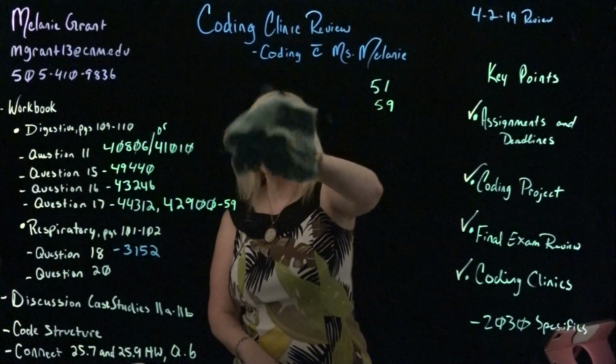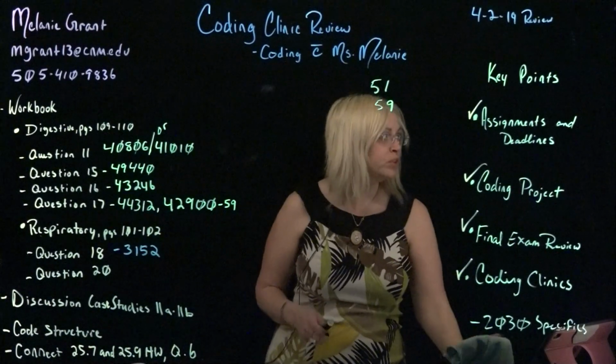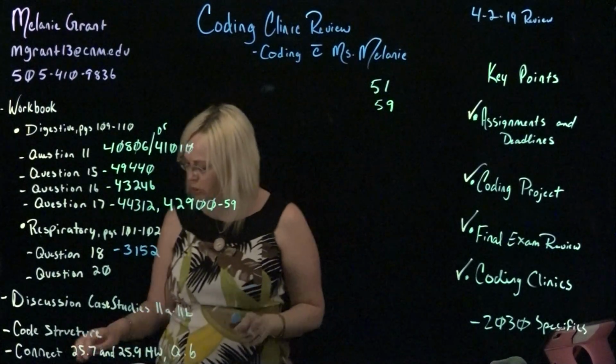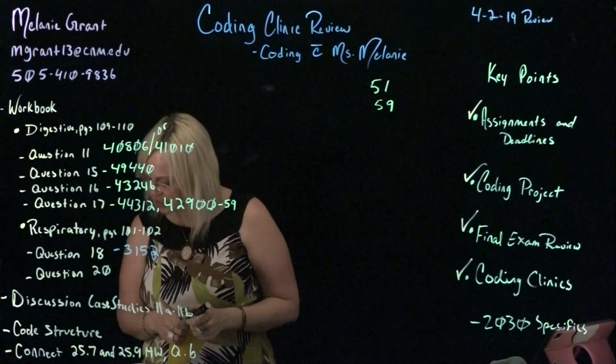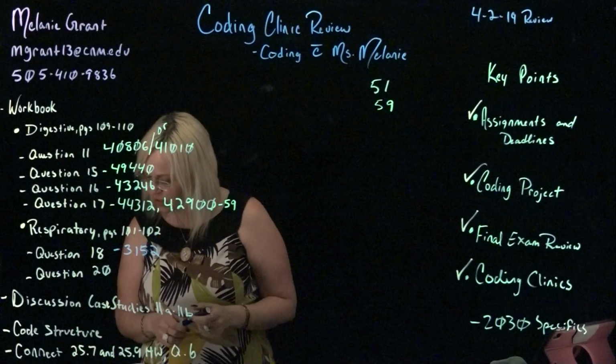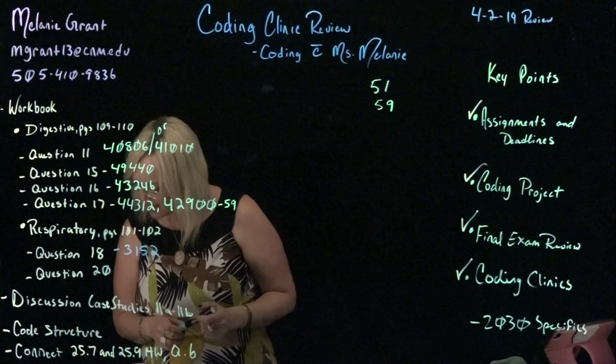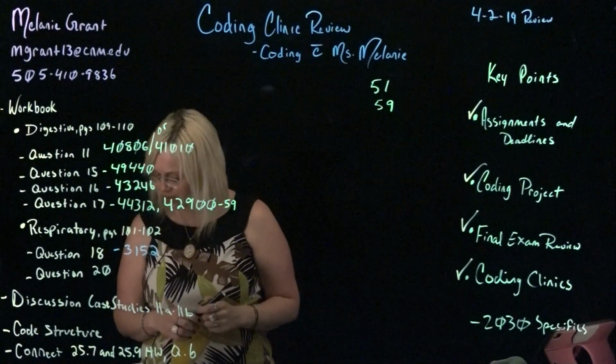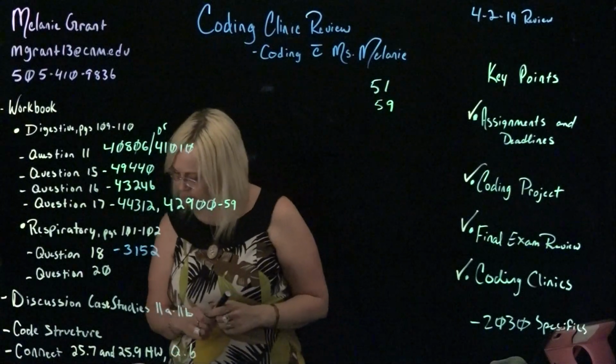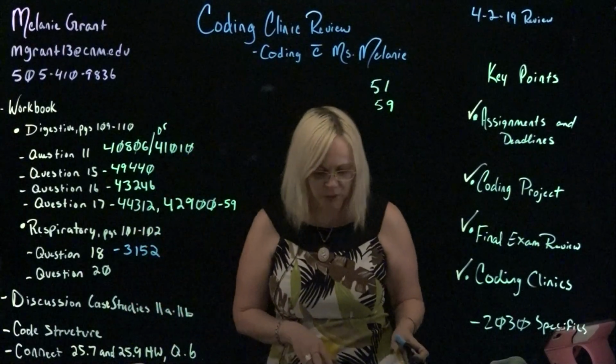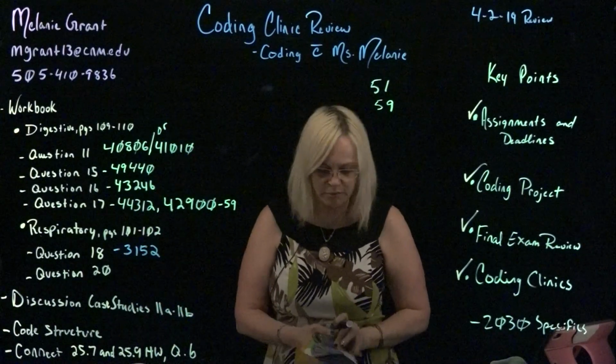All right, so our last one from our workbook that we wanted to review for today is question number 20. Turbinate excision followed by an intranasal antrotomy. There we go, if I can say that correctly. Okay, so the first one we want to look up is the intranasal antrotomy.